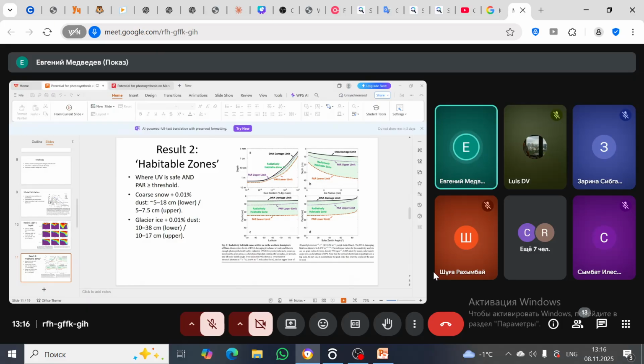They can add deeper increments of about 1 meter if mass allows. Second one, in-ice light probes. They measure spectral PAR and ultraviolet radiation versus depth in real data. And this validates the model directly.